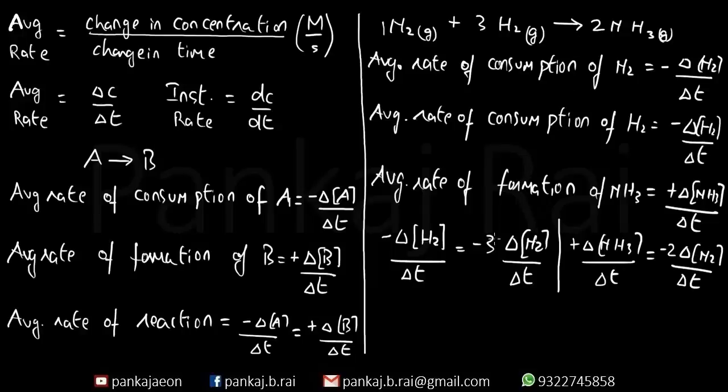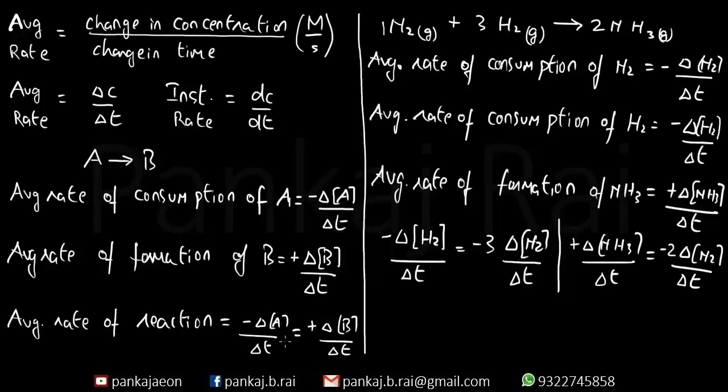Now let us move ahead. What about the rate of reaction of the complete reaction? Now as you can see, the different constituents here, the reactants and the products, are getting consumed and formed at different rates, but the average rate of reaction has to be the same irrespective of in what term we are representing it.